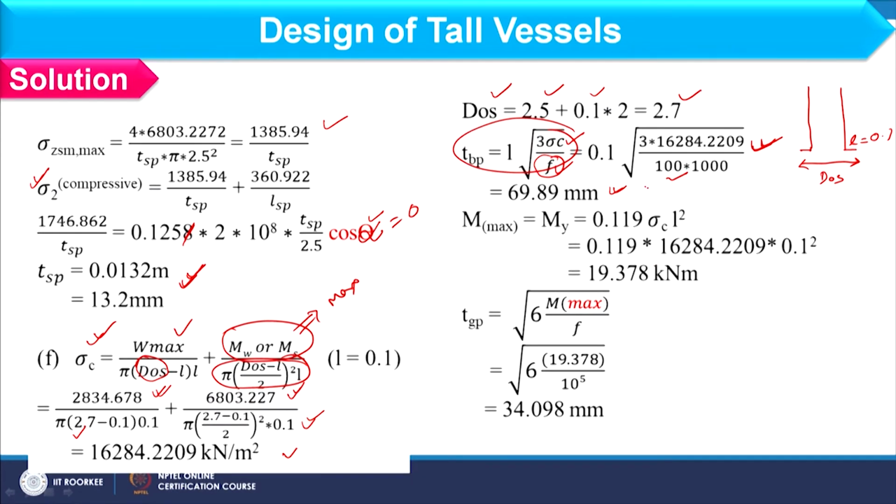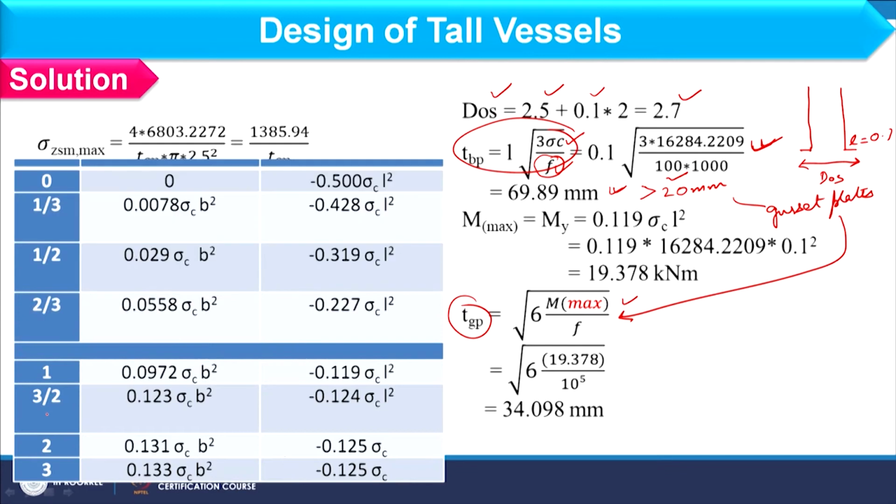And here we have to check this value. If this value comes more than 20 mm, okay, we should choose gusset plates, okay. So, if gusset plates are used, we have to recalculate the thickness of bearing plate, and we can use this expression for that, that is root over 6 M max by F, right.